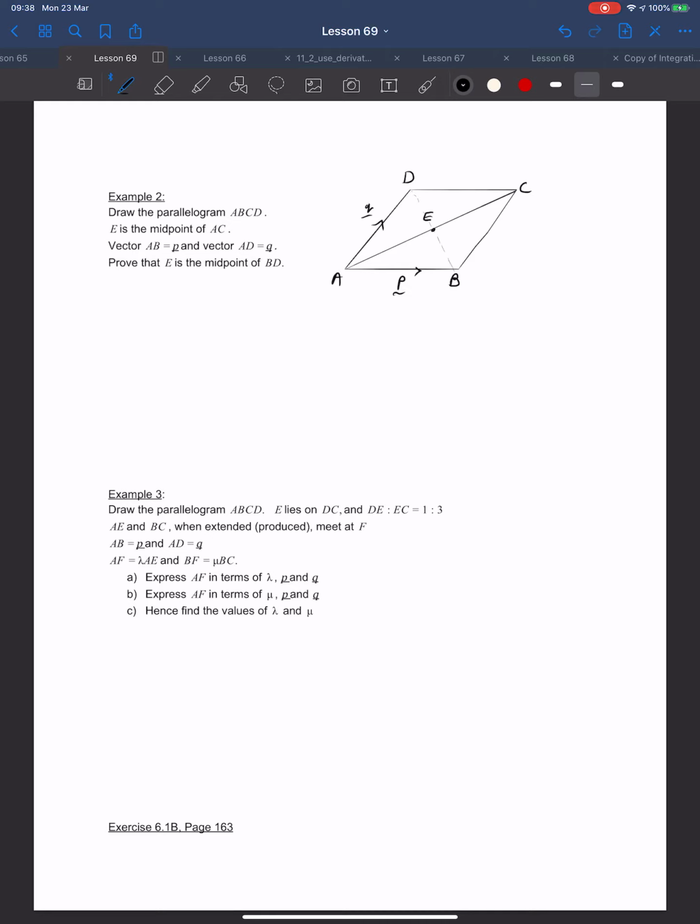So what they're saying is, it's a parallelogram, so the midpoint of one diagonal is the same place as the midpoint of the other diagonal.